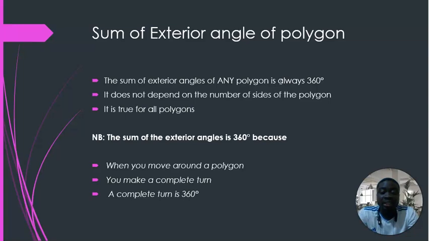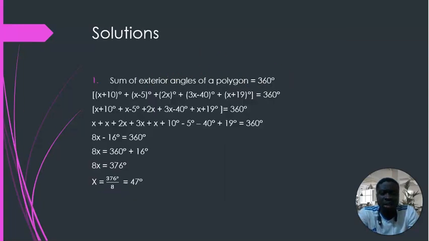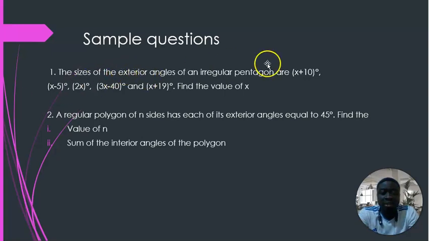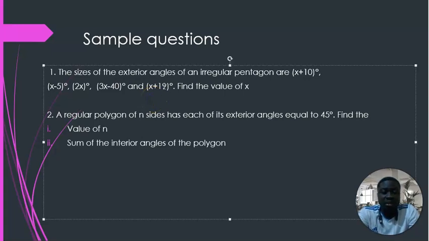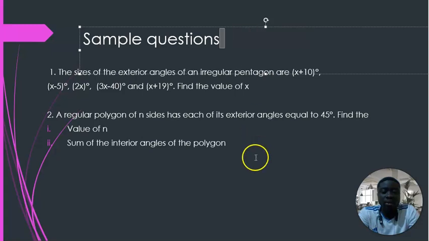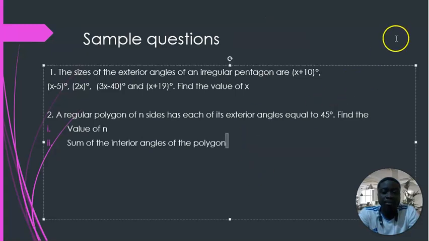Any means whether it is a regular or an irregular polygon, it should be equal to 360 degrees. Here they are saying that these are all exterior angles: x plus 10, x minus 5, 2x, 3x minus 40, and x plus 19. If we want to find the value of x, we have to sum them up.